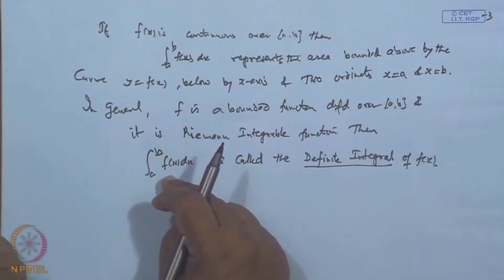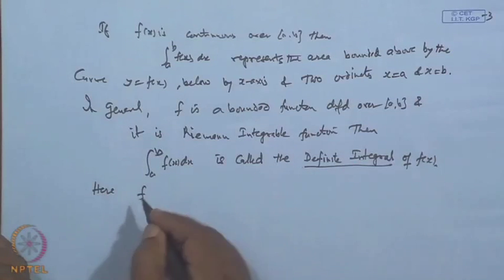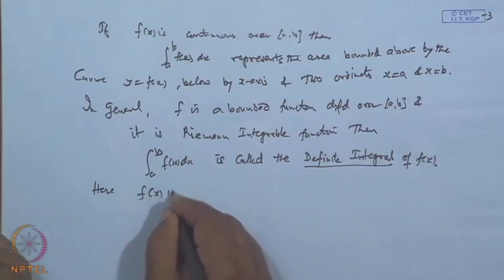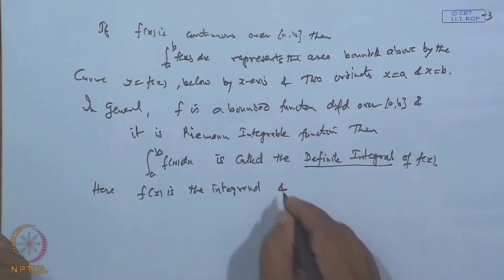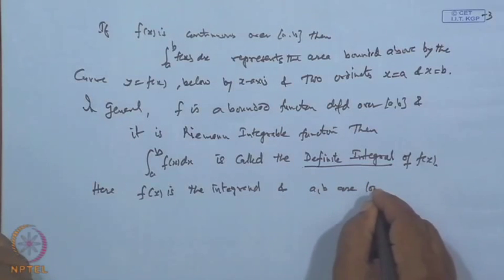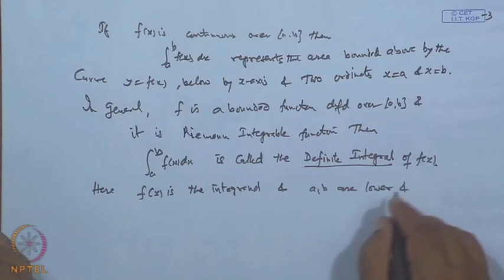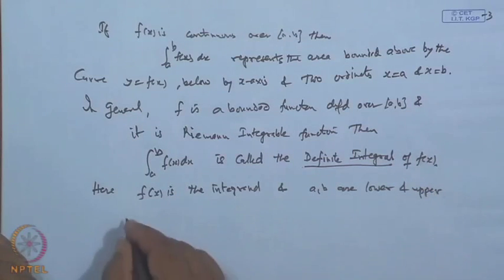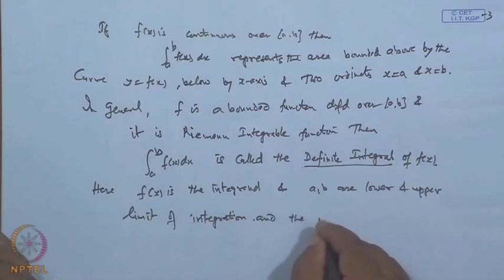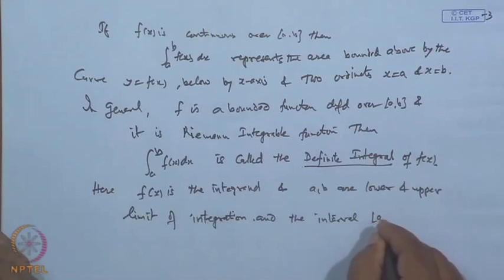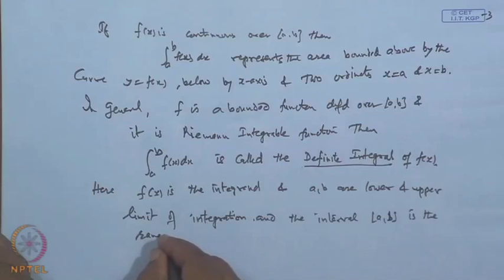f is called the integrand function. Here f(x) is the integrand, and a and b are the lower and upper limits of integration, and the interval [a, b] is the range of integration.